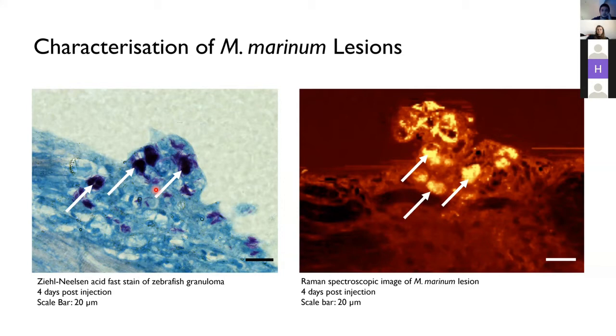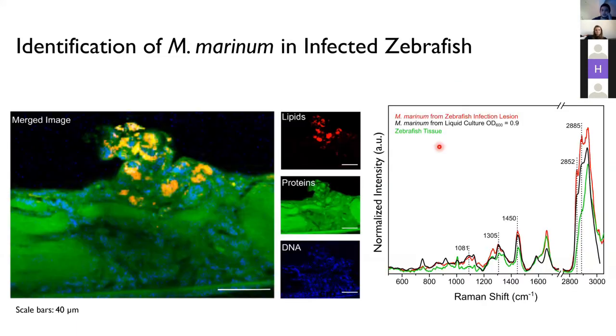But also these clusters of bacteria very clearly showed up when we performed Raman images. And further analysis revealed that these clusters contained very strong lipid contribution in the spectra. These are associated with peaks you can see that are annotated here on the right.